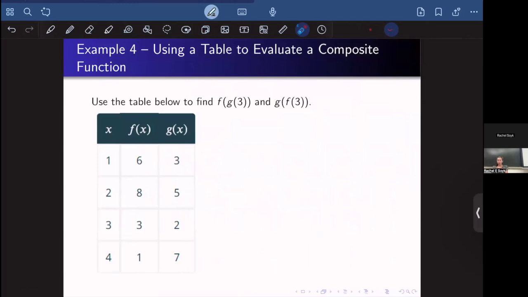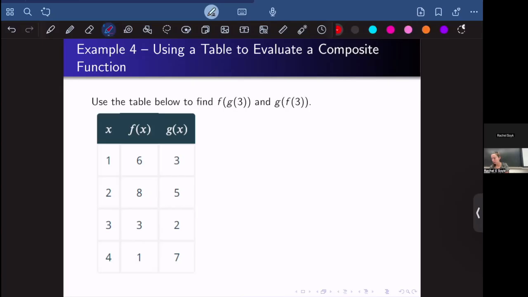Now, our example 4 is being able to evaluate a composite function from a table standpoint, which some people get a little confused about at first. I'll try and make it as straightforward as possible for you guys. Once you get the hang of this, though, it's kind of fun.